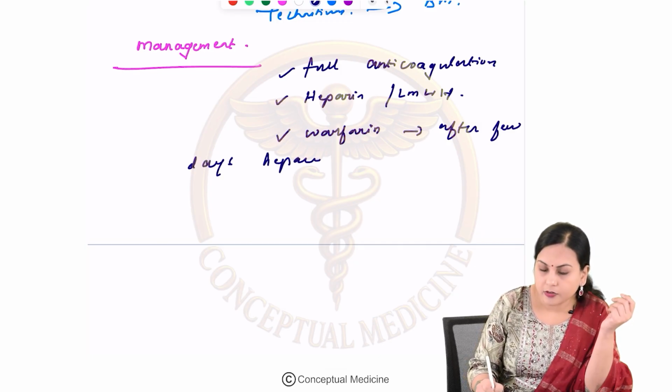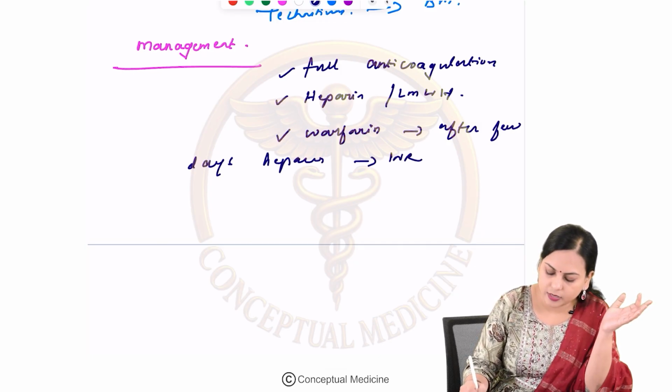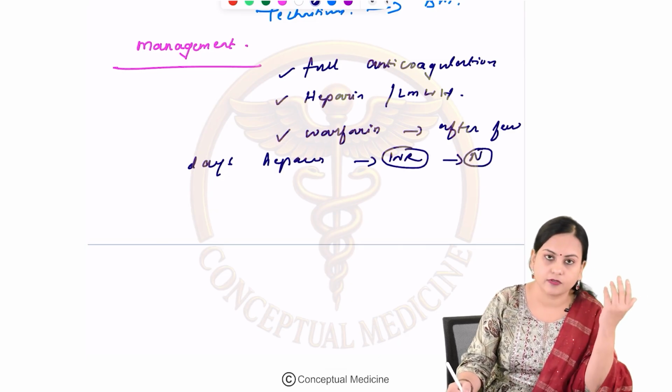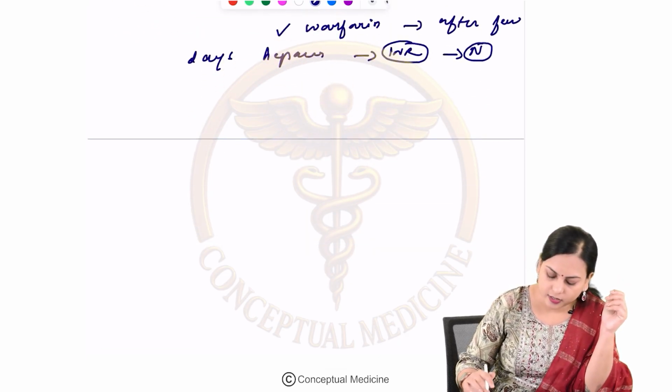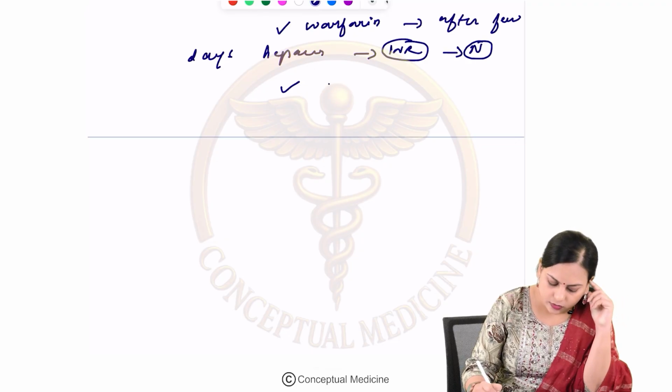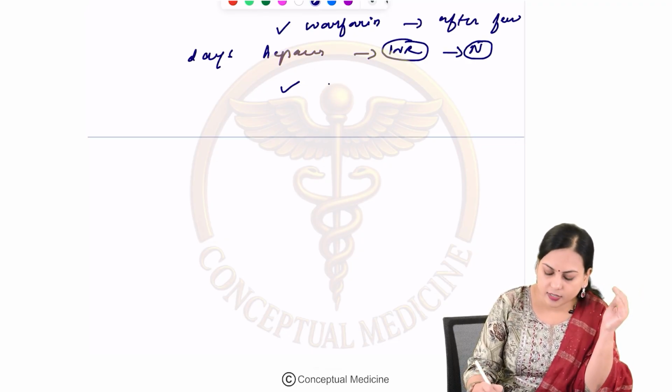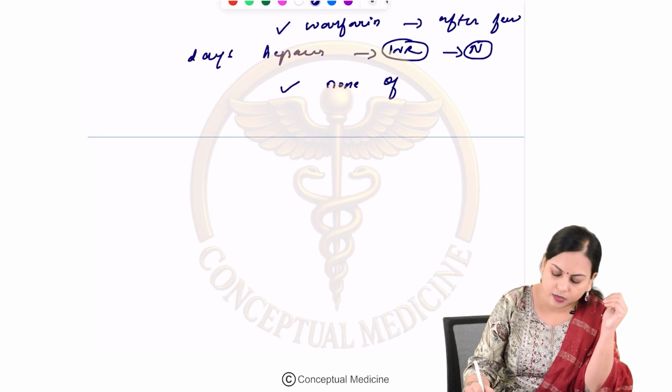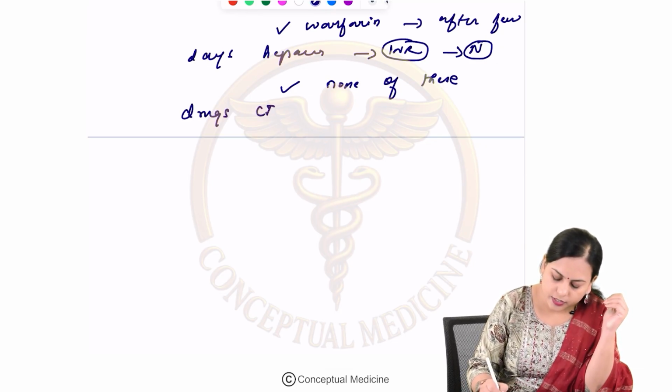Okay, you have to check the INR. If the INR is in the normal range, then you can shift back to warfarin. However, none of these drugs are contraindicated in breastfeeding.